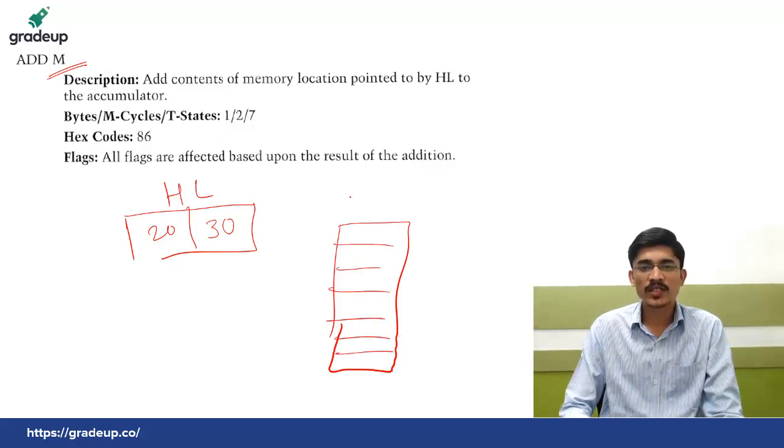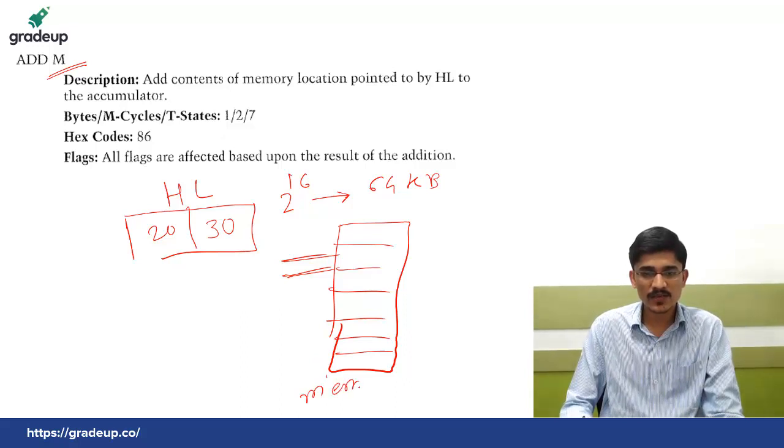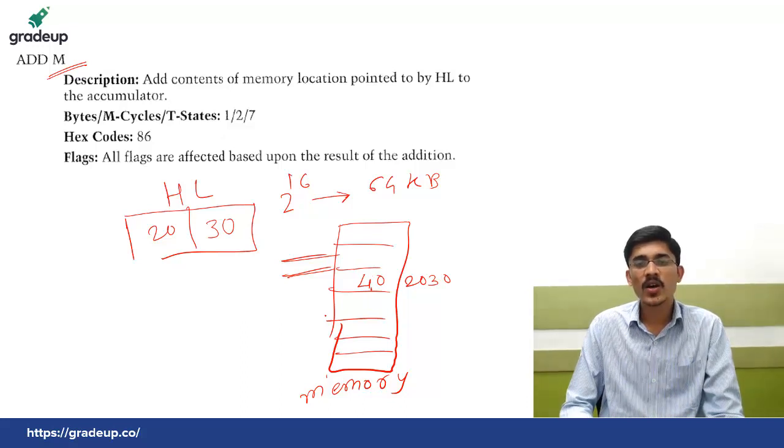If 16 address lines are connected, it is 2 raised to 16, that is 64 KB. Some memory location will be 2030, where suppose 40 is written.